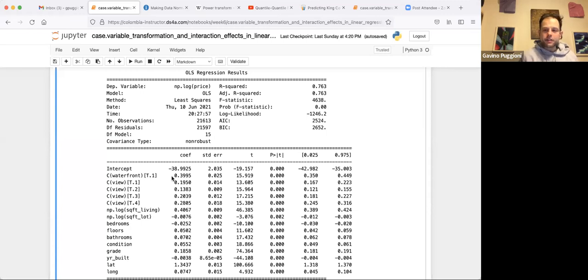Yes, Herman, it's perfectly possible that the intercept is negative because we have transformed the y variable into logs, and the log can be negative. Now, if the house has a waterfront, the price increases by 39.9%. Excellent.